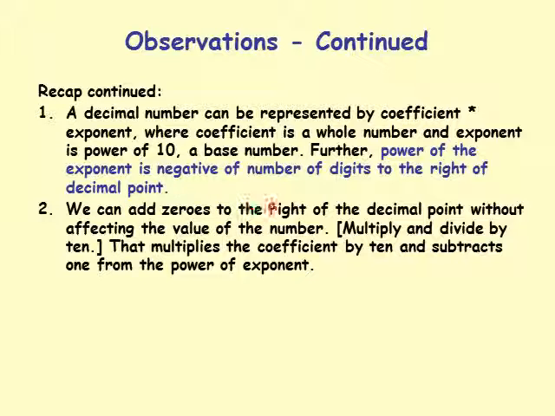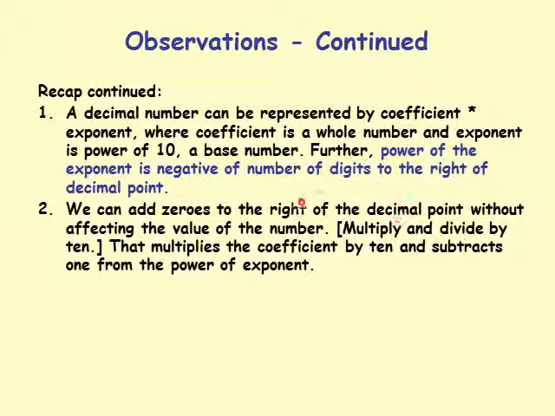We can add zeros to the right of a number with an embedded decimal point. If a number has an embedded decimal point, we can add zeros to the right of that number without affecting the value. Adding zeros to the right of such a number gives me another number which is equivalent.